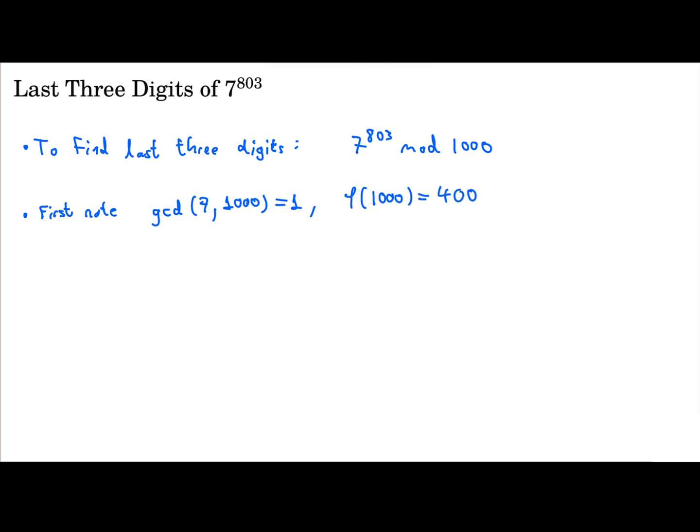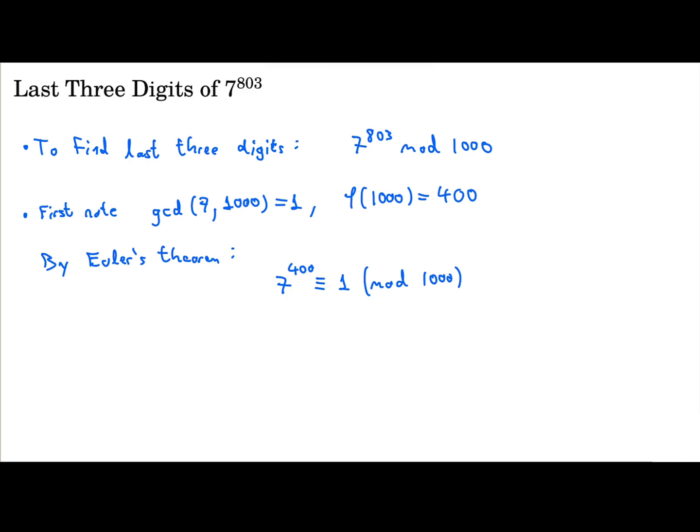And with this, we can show, by Euler's theorem, that 7 to the power of 400, which is phi of 1000, is congruent to 1 mod 1000. And now we can use this to find what we want.